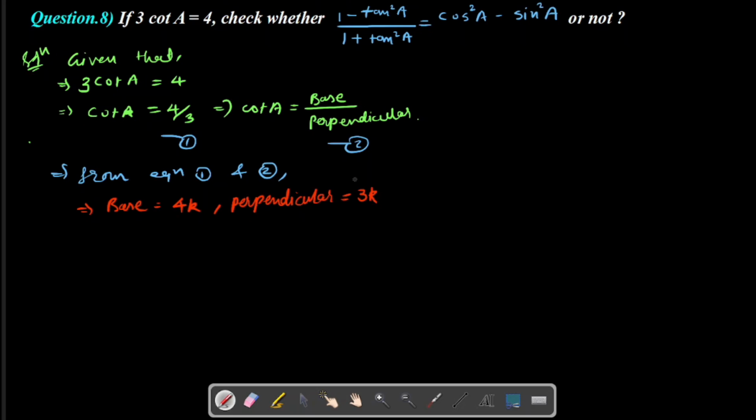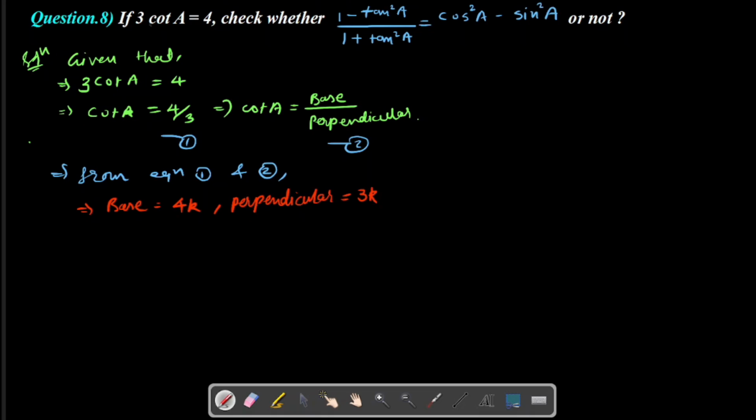Now we have to find the value of tan here, so we must find the values of all three sides. For this we apply the Pythagoras theorem.